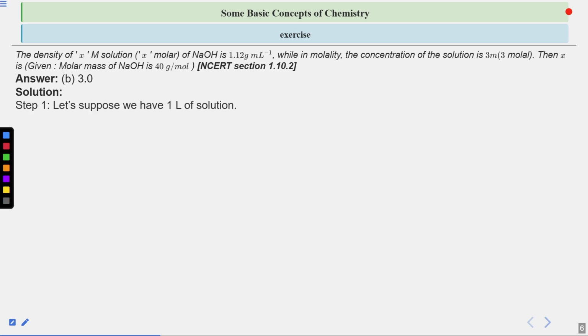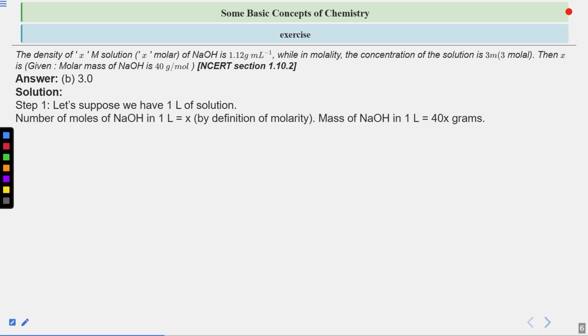Now, if we are saying that we have to find the molarity, then 2 things are there that we need. First of all, we need the volume, and second thing, we need the number of moles. Suppose we have 1 liter of the solution and X is the number of moles that is present in 1 liter, because it is given in the question that X is the molarity.